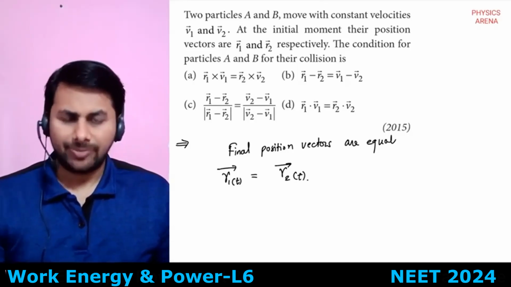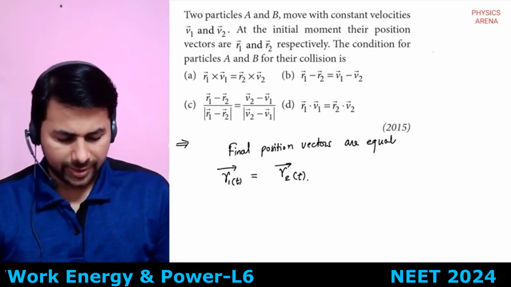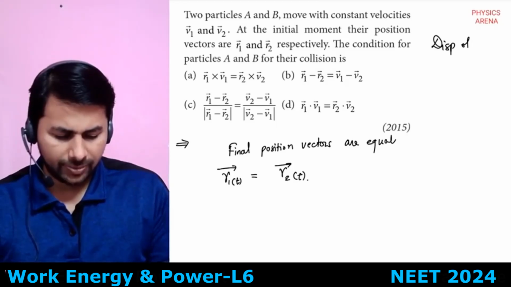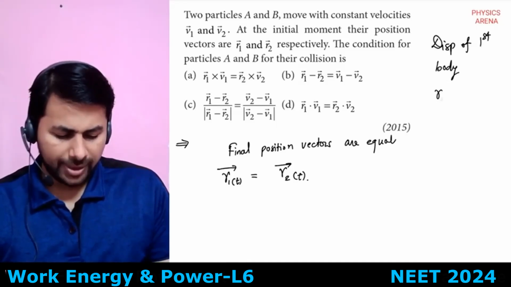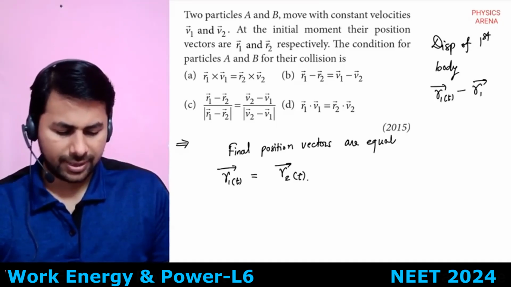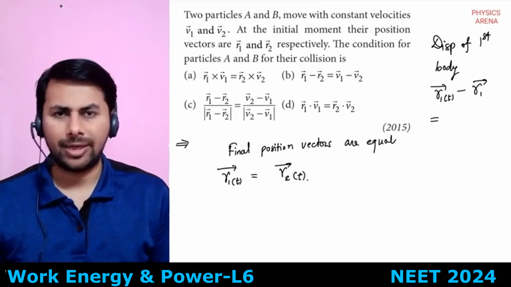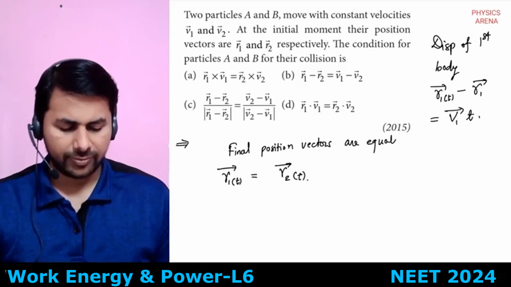You can find the displacement of the bodies. The displacement of the first body will be r1 at time t minus r1 at the beginning, and it will be equal to velocity multiplied by time.